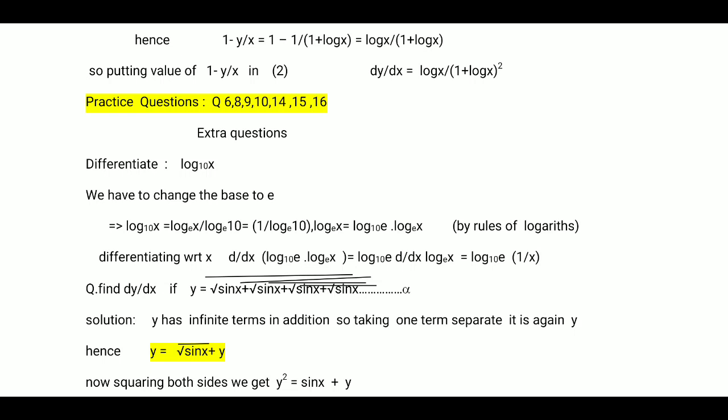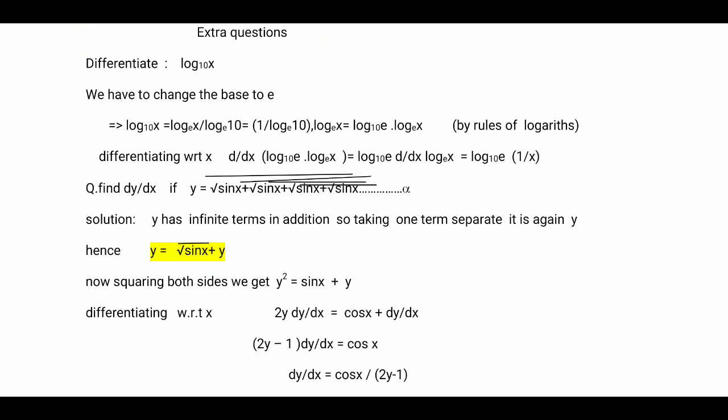Now log x base e you can easily differentiate. So log e base 10 will come outside into d upon dx of log x base e, that is 1 upon x. So the result is log e base 10 into 1 upon x.